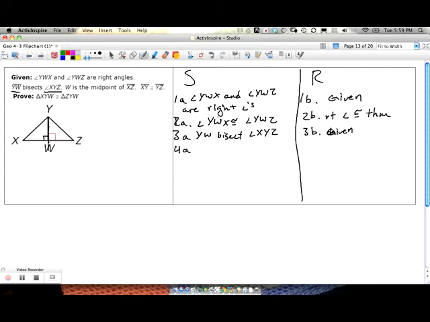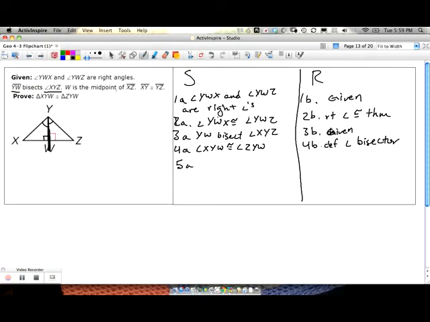This piece bisecting right here is going to make these two pieces equal. So angle XYW is going to be congruent to angle ZYW. And that's the definition of angle bisector.